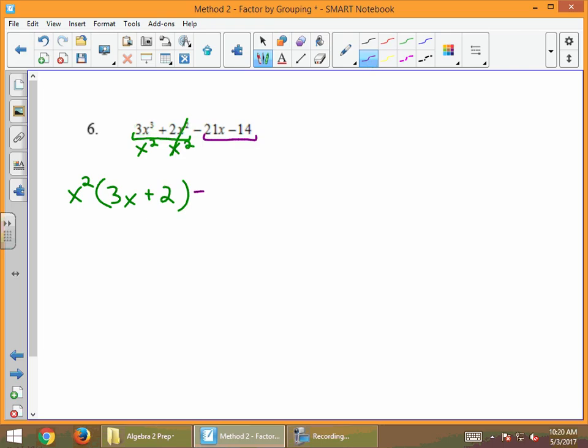What's the GCF between 21 and 14? I don't know. All right, if you don't remember, 3 times what gives you 21? Found it. They both don't share an x, so it's just going to be 7. Start on my parentheses. What's going to be in the parentheses?